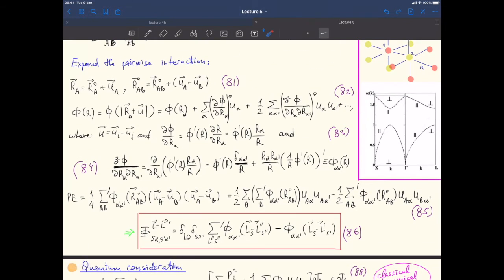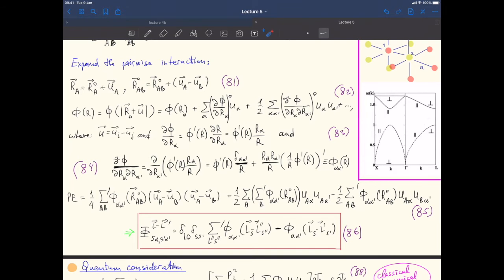So you can have, first of all, a diagonal term with respect to atomic numbering A, which contains this sum over the lattice for all atoms, excluding atom A. This prime means that B is not equal to A. And there will be another term in which A and B could be different, which contains this particular expression.